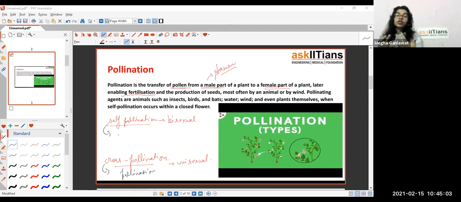Although it does not ensure fertilization or the formation of the seed, cross pollination ensures that different genetic material, the different DNA of two plants, are meeting. With the help of that, a new third type of DNA is created, which is responsible for better evolution and better survival. The more the DNA is mixed, the more new traits or features we get, and the more we adapt to the environment, and hence we have a higher survival rate, right?